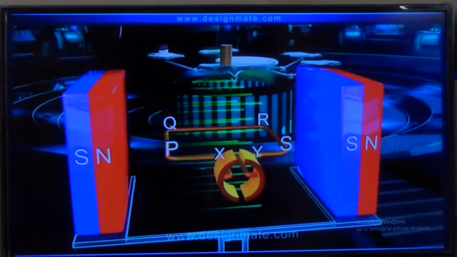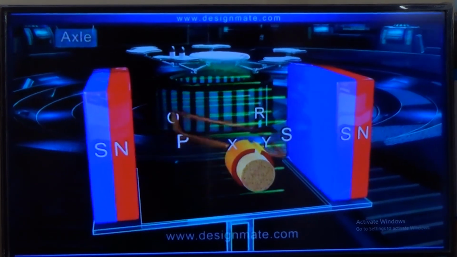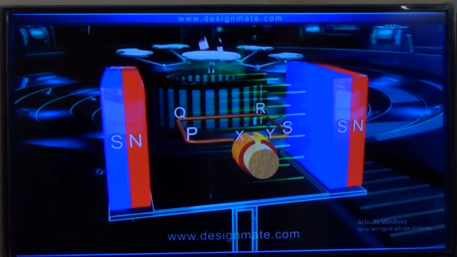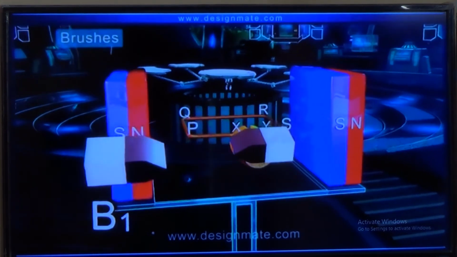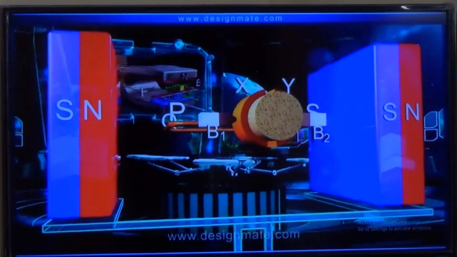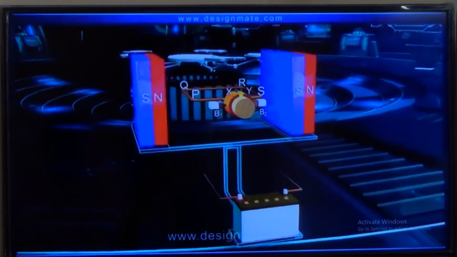These halves of the split ring are insulated from each other and are mounted on an axle about which the rotation is to take place. Externally, two conducting stationary brushes, B1 and B2, keep pressing against X and Y respectively. These brushes are connected to a DC source.